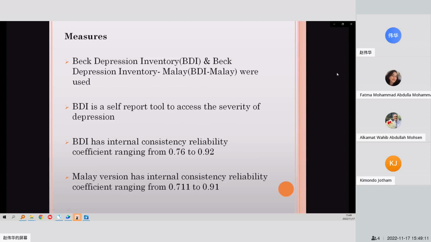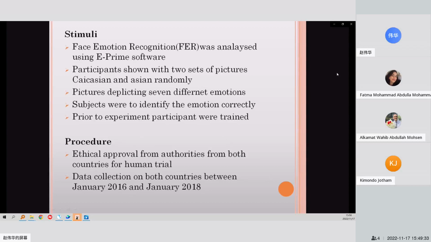BDI has an internal consistency reliability coefficient ranging from 0.76 to 0.92, and the Malay version has a coefficient ranging from 0.711 to 0.91. Let me go to the next point, stimuli.